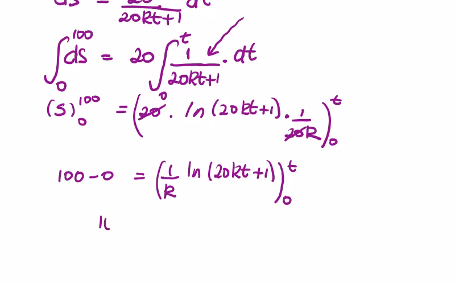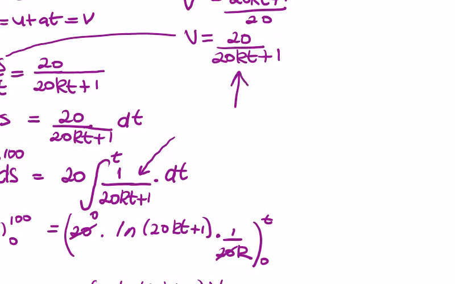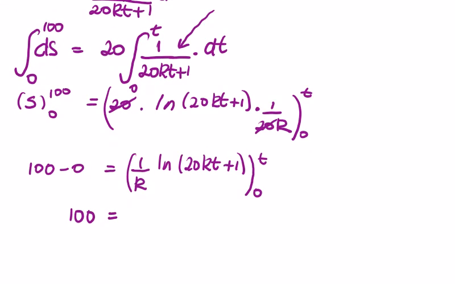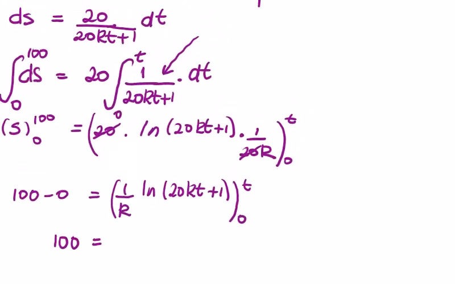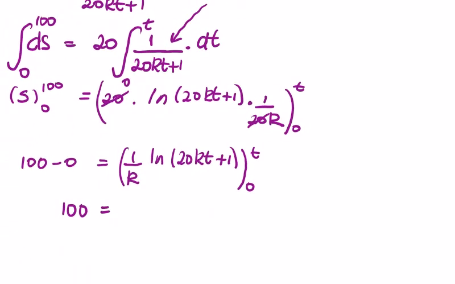So tidying this up, we're still going to need to find k. We should be able to look back up here now to help us in a minute to find a value for 20kt plus 1. We can simplify that. So 100 is equal to 1 over k.